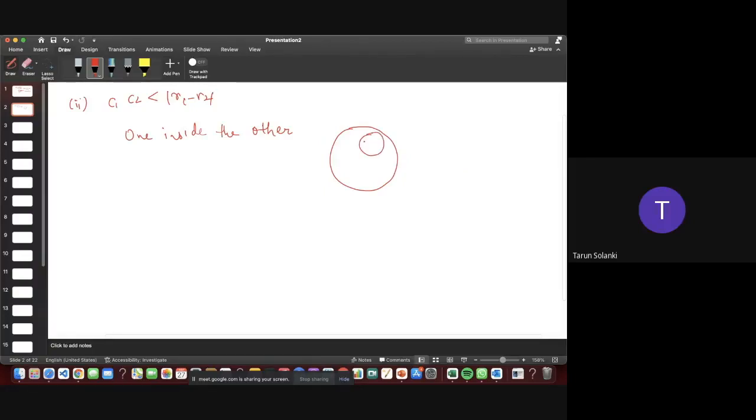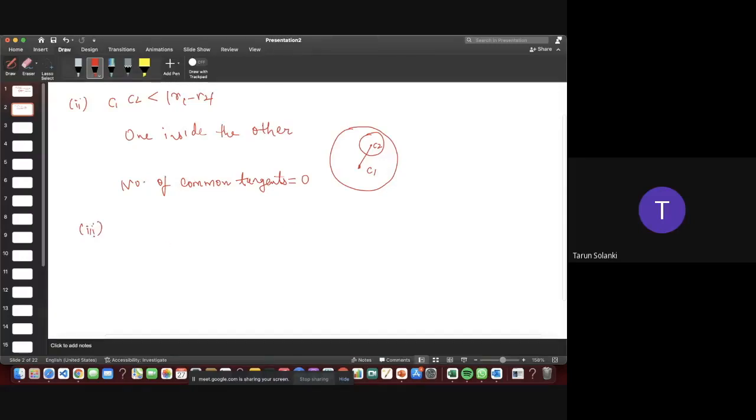This is the second, C1, this C2. So here we are not finding any common tangent. So the number of common tangents is equal to 0, because here we are not getting any common tangents, right?